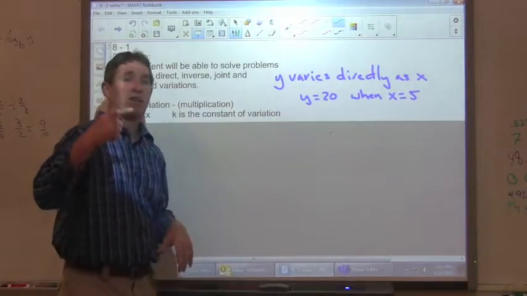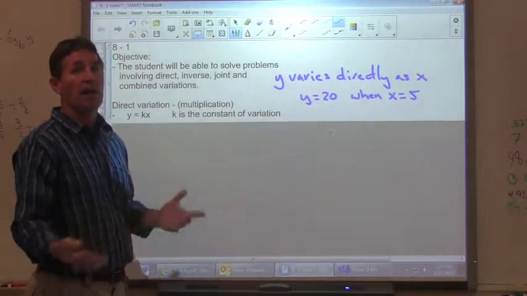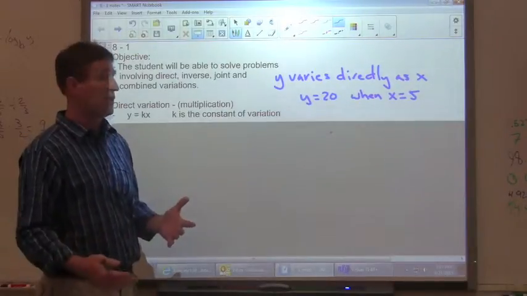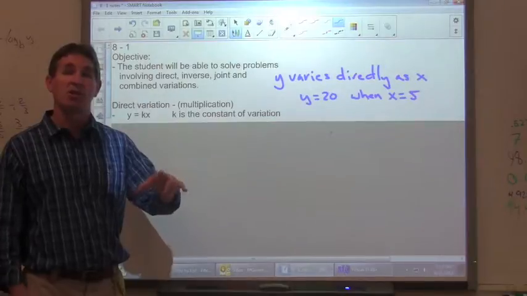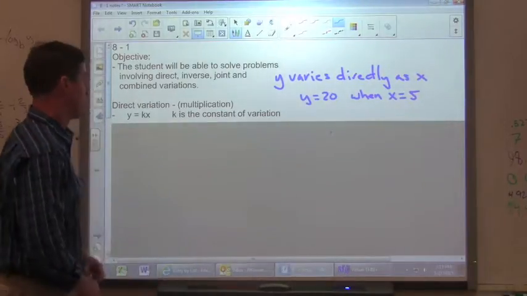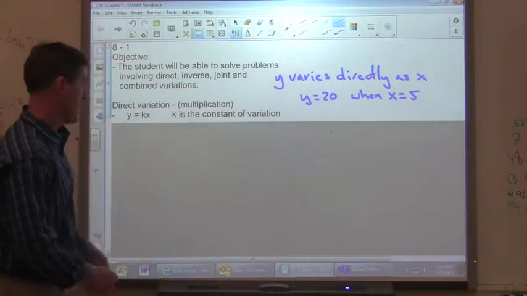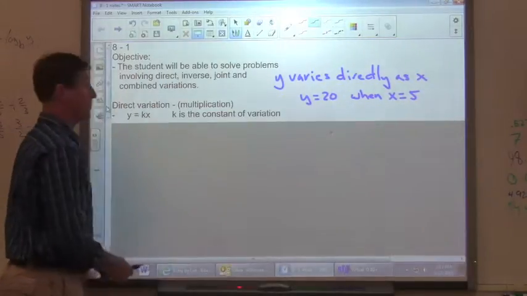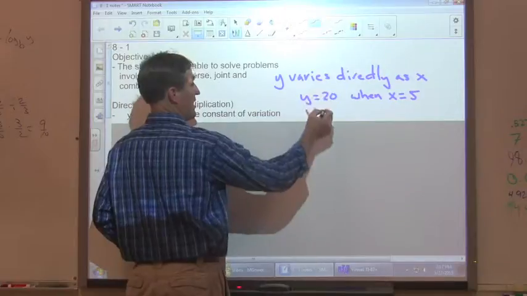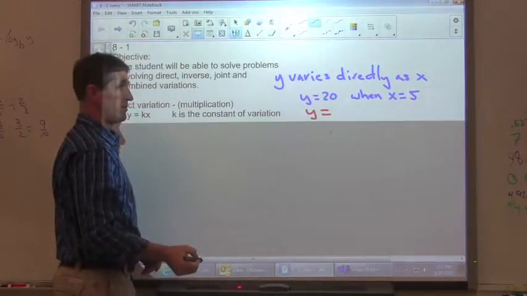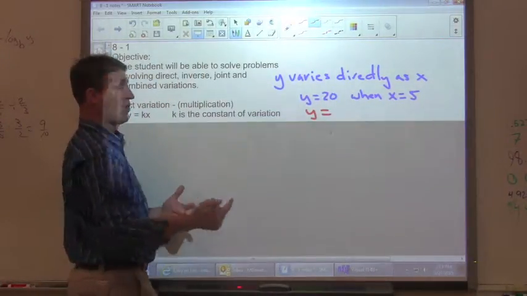That's what the constant's going to be the same throughout that whole problem and all the information that's given to you. So in this case, the first thing they might ask you to do is just solve for k. So when we solve for k, we simply set it up. So when you write this problem, y, the varies is your equal sign, and then we always have our constant.